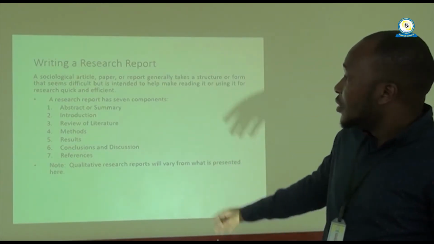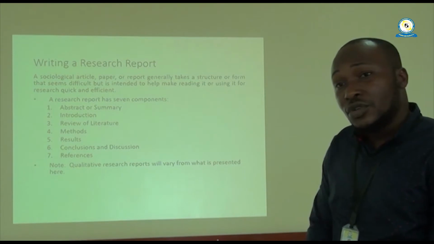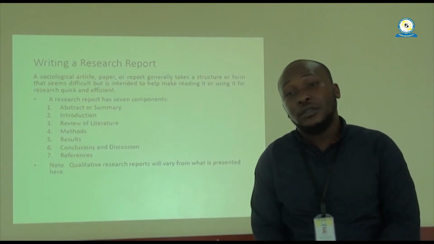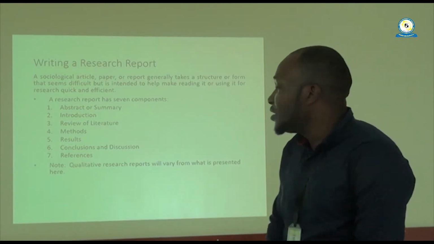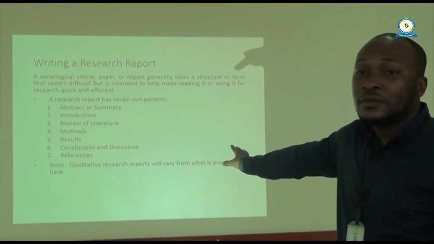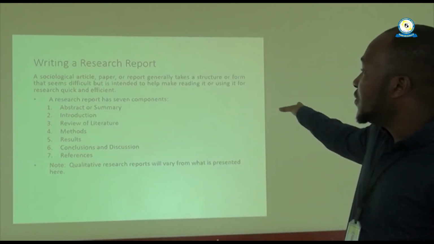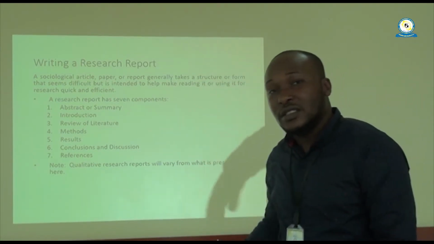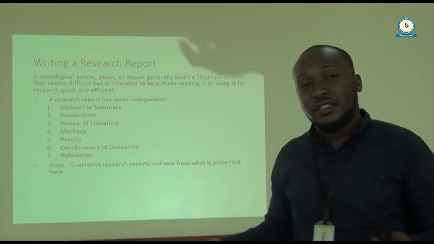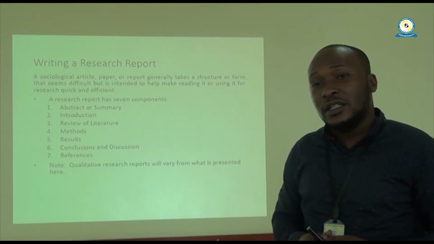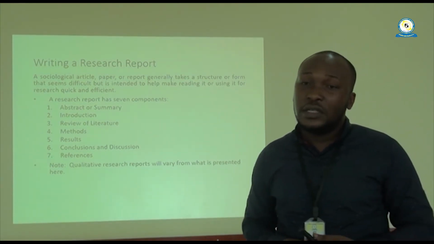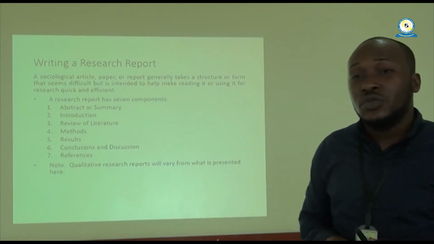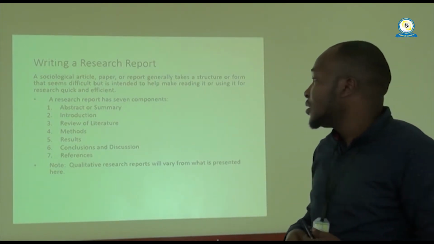Here comes the structure. A sociological research paper, an article, or a report takes a structure of this form. A research report has seven components: abstract or summary, introduction, review of the literature, methods, results, conclusion, and discussion.